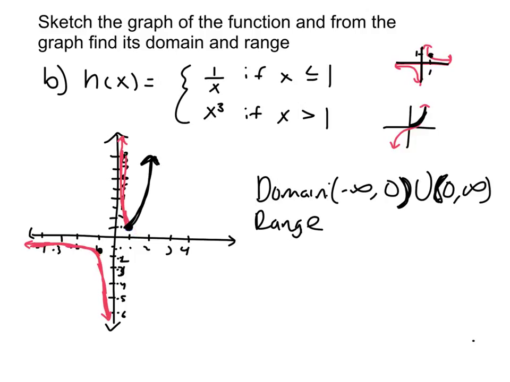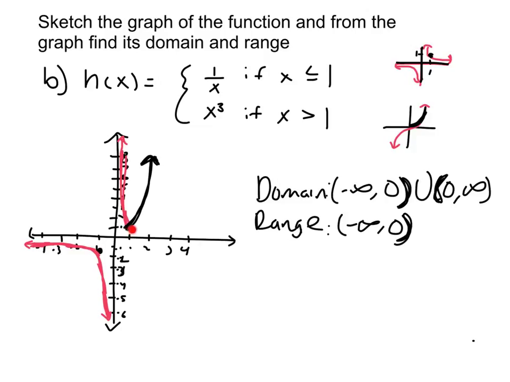On this side, this gets infinitely close to y equals 0 over here. So basically, the range from negative infinity will go all the way to 0, but it won't include 0. It'll get really close to 0 right here.